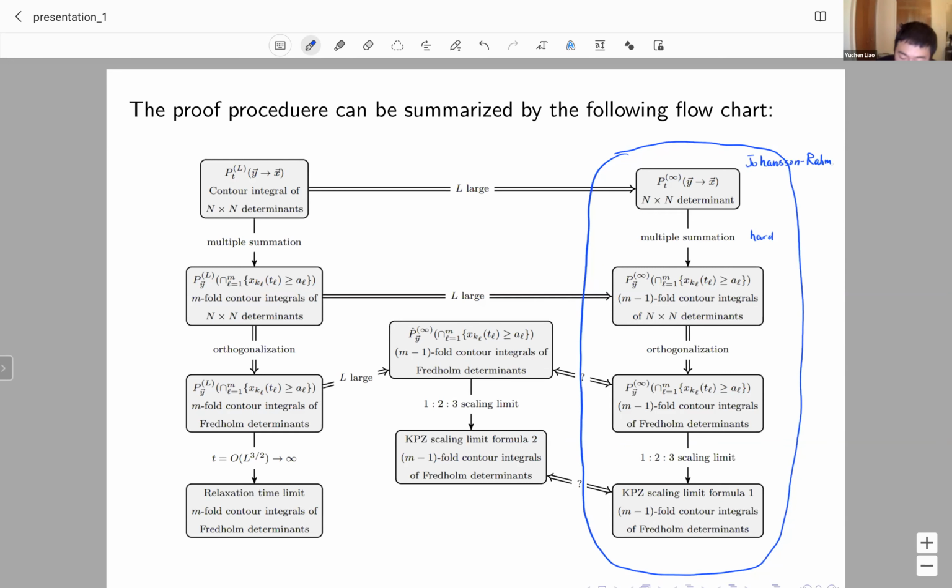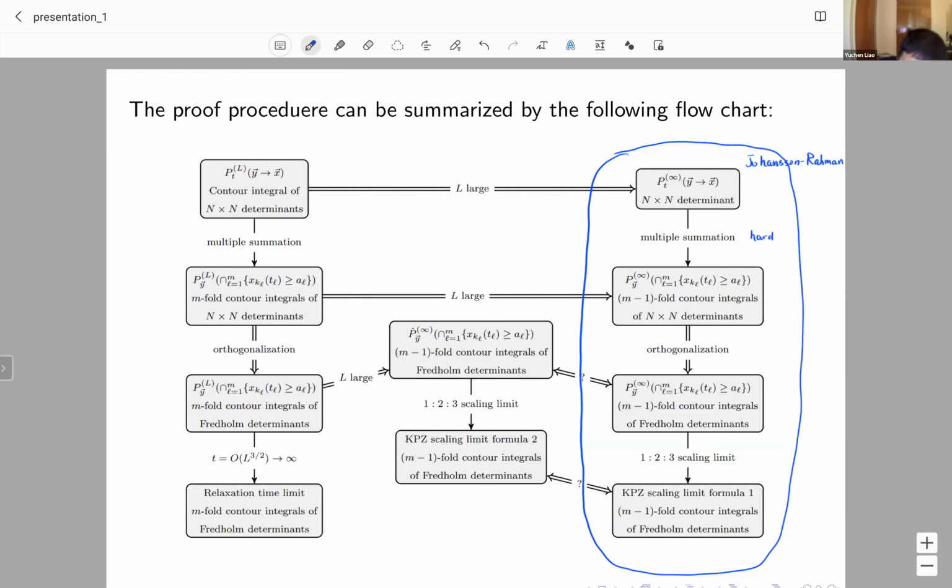The formula obtained after the summation is not suitable for asymptotic analysis. So one needs to massage it through some orthogonalization procedure to get something suitable for asymptotics, and that typically corresponds to a Fredholm determinant. And after one obtains a Fredholm determinant, by some standard steepest descent analysis, one should be able to take the 1, 2, 3 scaling limit.